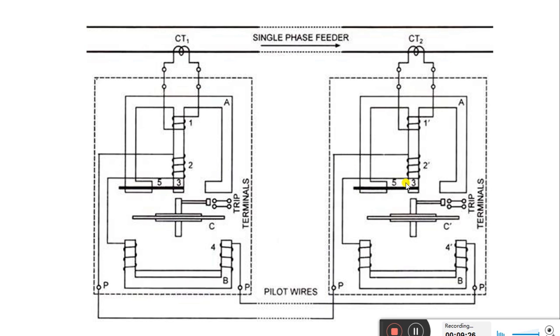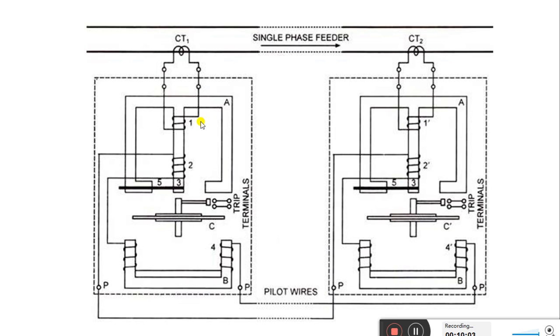So how is it connected? Let us see. The CT1 and CT2 are mounted in the feeder. We are considering here a single phase feeder. So CT1 is mounted on the feeder, and for this relay CT2 is mounted on the feeder. Further, this CT1 and this CT2 are connected to the coils 1 and 1 dash. 1 is in this Translay system and 1 dash in the other Translay system.